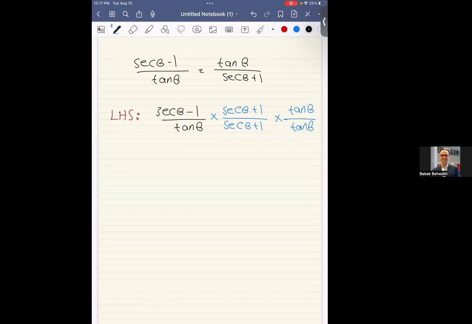But if you multiply this, on the top, you get secant square theta minus 1 divided by secant theta plus 1 times tangent theta.